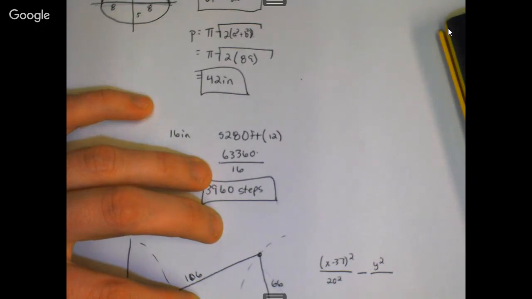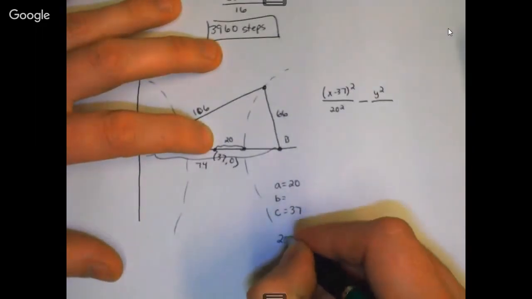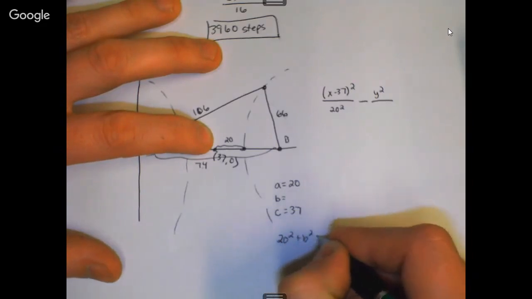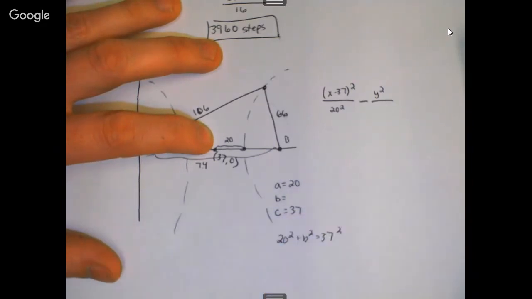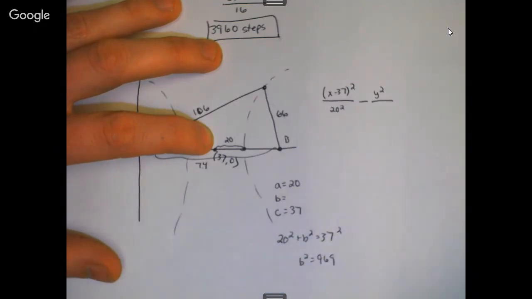So 20 squared plus b squared equals 37 squared. Okay, so 37 squared minus 20 squared. So b squared is 969, and the square root of that is some decimal.